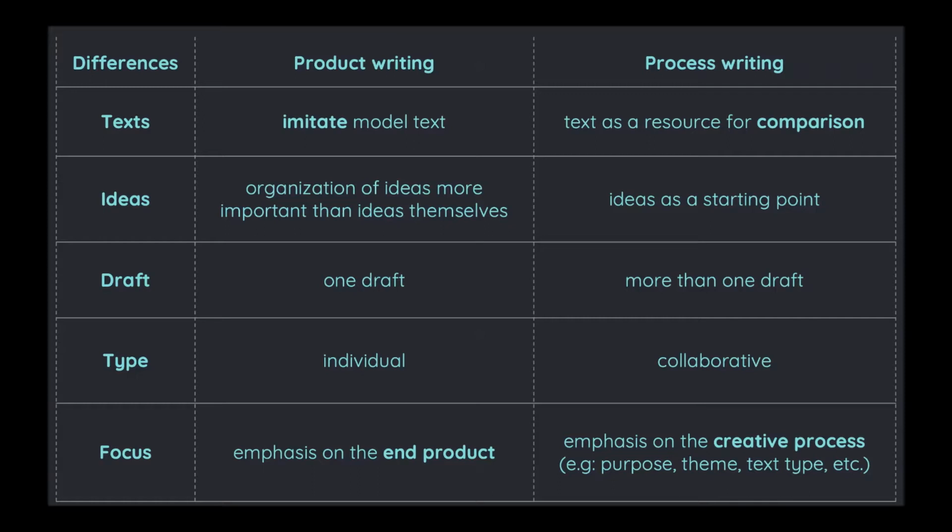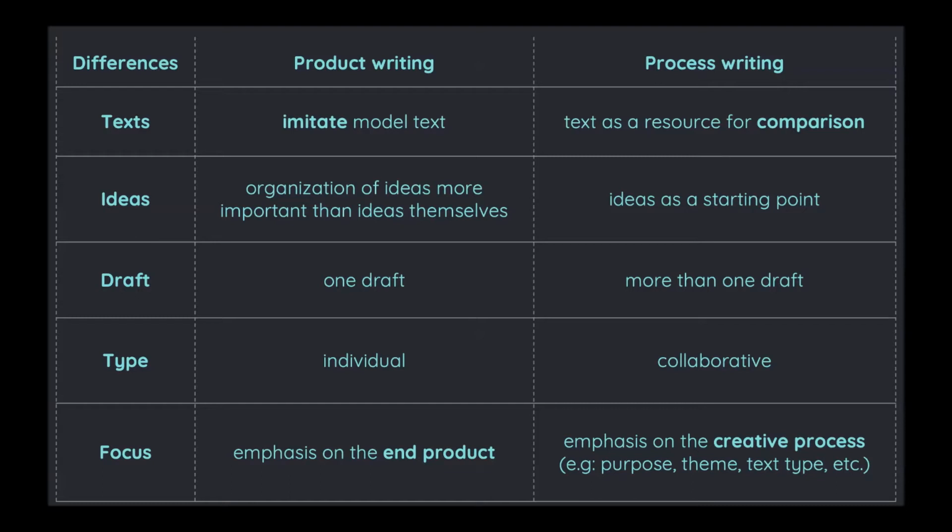First, the texts in the product writing method are used for students to imitate. Meanwhile, process writing uses text as a resource for comparison. Next, the ideas. In product writing, organization of ideas is more important than the ideas themselves.